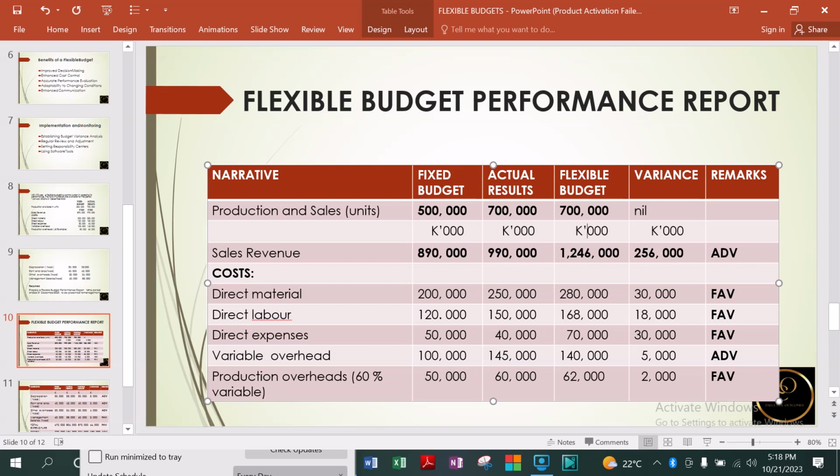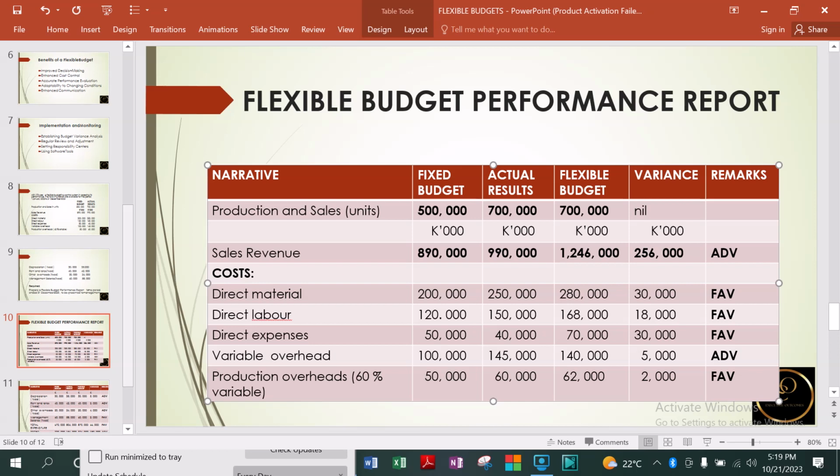So in this particular case, we can generate the unit selling price or unit cost. How do we do that? Let me start with the sales revenue. For you to generate the unit selling price, the budgeted selling price, you look at the fixed budget column, look at the budgeted sales, which is 890,000. So 890,000, you need to divide by the activity level, which is 500,000.